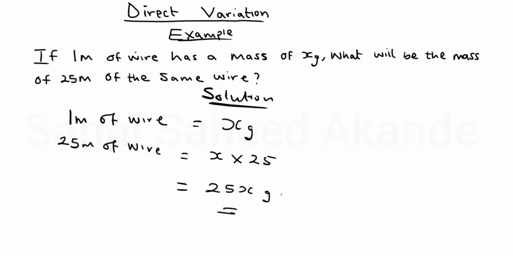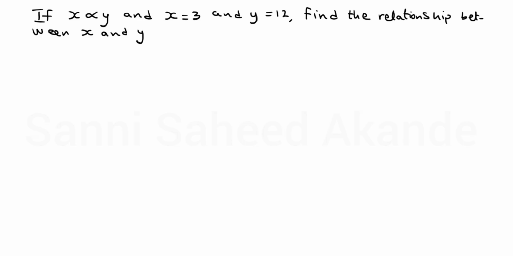The question says, if x is directly proportional to y and x is equal to 3 and y is equal to 12, find the relationship between x and y. Solution.